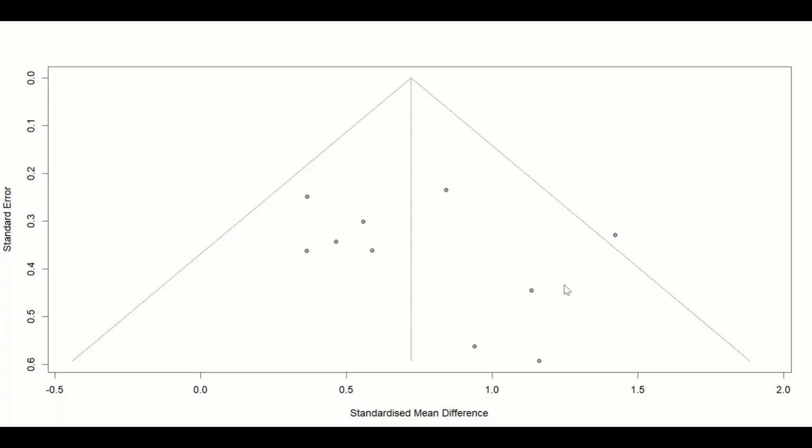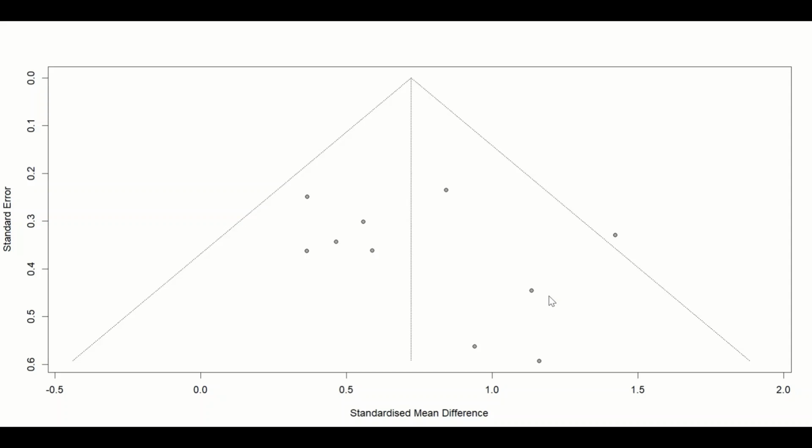For lack of publication bias, the distribution of the effect size, which is the SMD, should be equally on both sides of the line here. So there should be an equal number of standardized mean differences. Here we have 1, 2, 3, 4 on this section, and 5 on this section, and 1 outside the funnel.